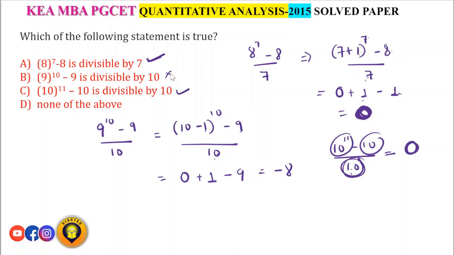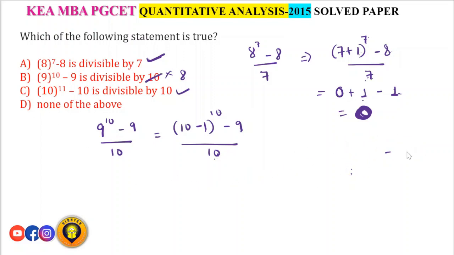Actually this is a grace marks question, there is some error. Suppose instead of 10 it was 8, then check whether this number is divisible by 8. 9 power 10 minus 9 divisible by 8, we have to check.